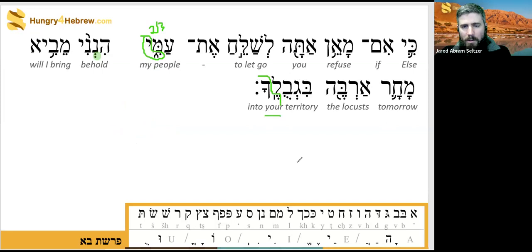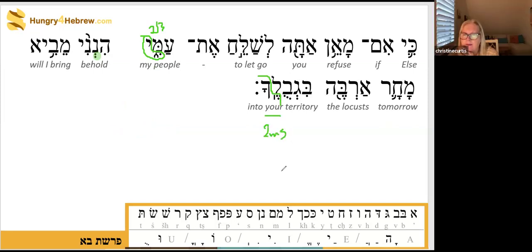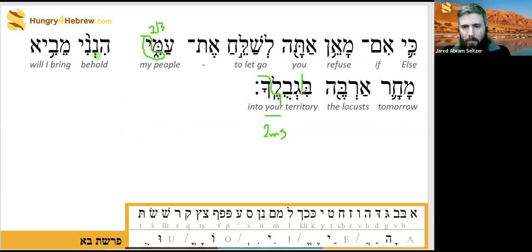Echa is yours. Oh, yeah, and the bet is a prefix. Very good. Bet is a prefix, in or into. So gvul, or it's probably gavul. Is it gvul or gavul? Oh, oy vey. A gvul is a boundary or border. So here it's territory, in your territory.